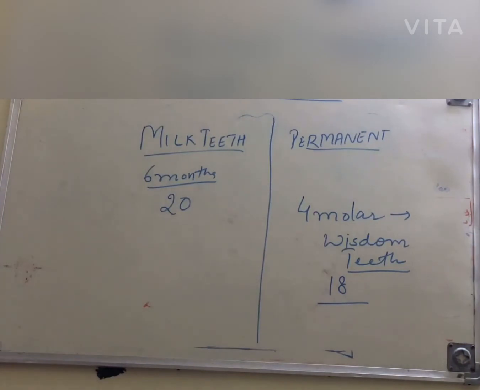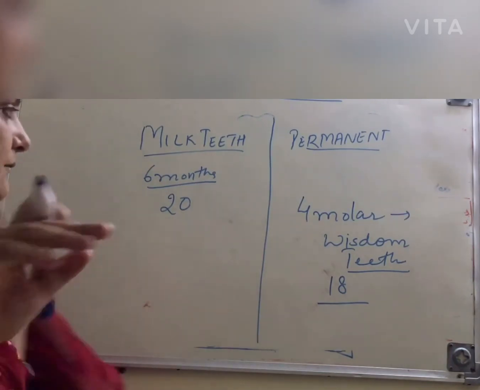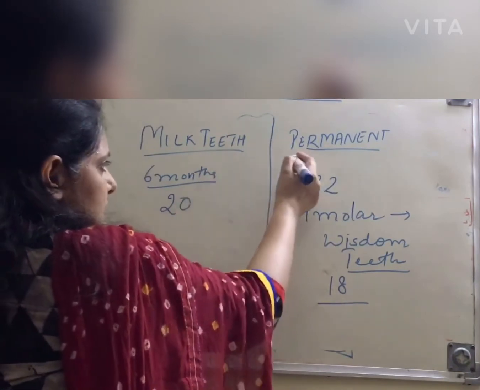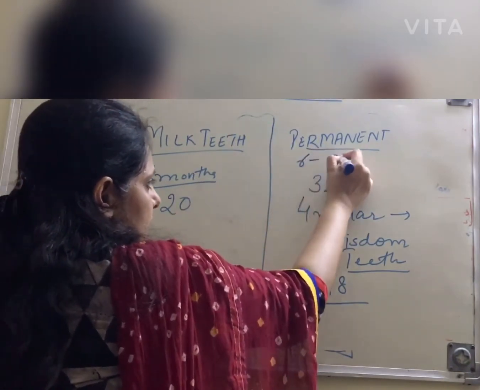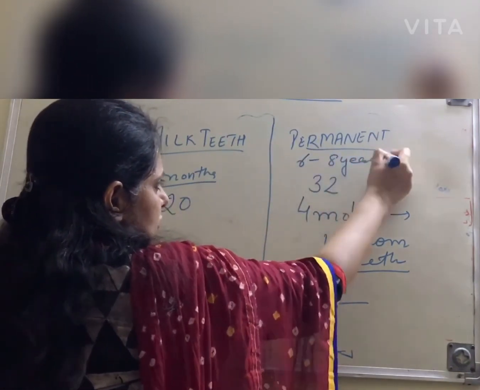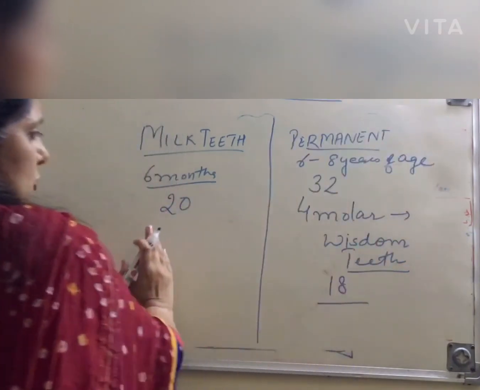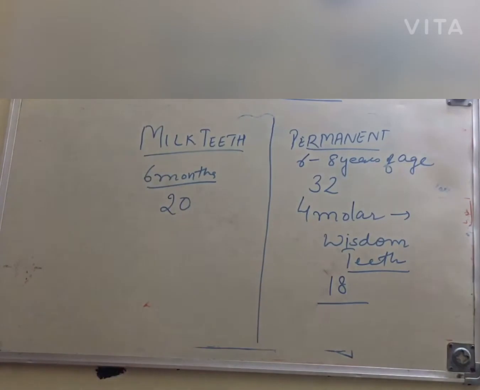So what is the main difference between milk teeth and permanent teeth? Milk teeth start from the age of 6 months. Permanent teeth appear from 6 to 8 years of age. Milk teeth are 20 in number. Permanent teeth are 32 in number.